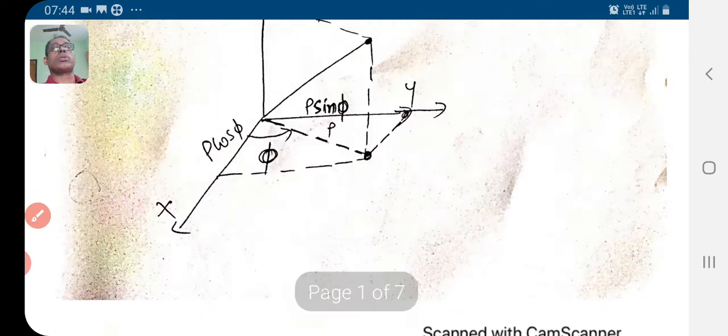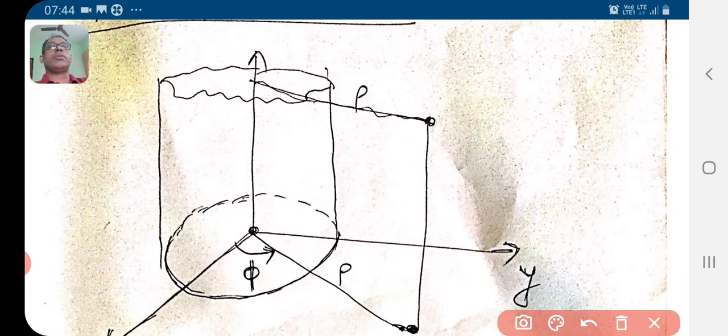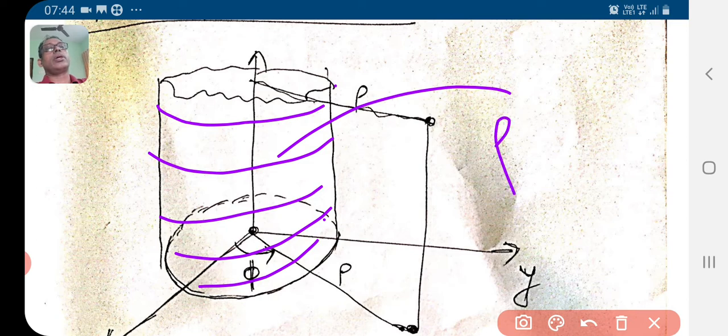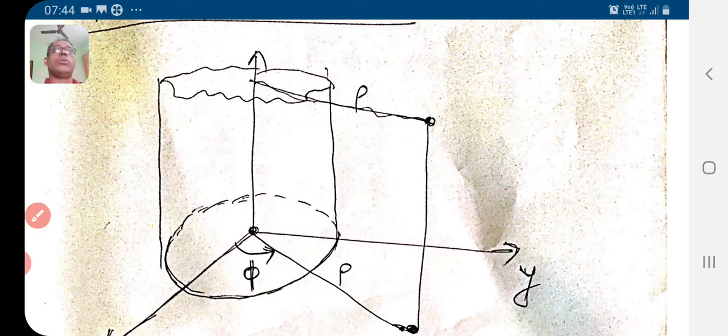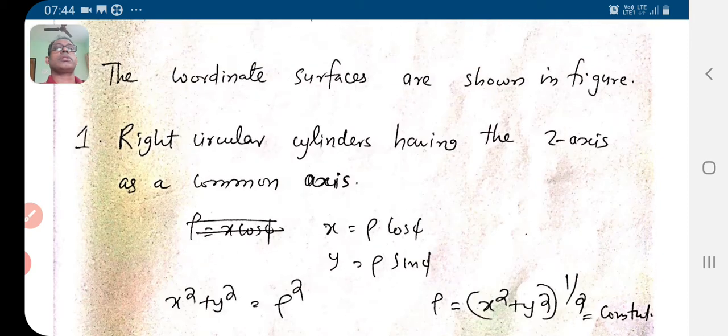The rho constant surface we can see here. Everywhere on this surface, rho is a constant. Now the rho constant surface is a curved surface.